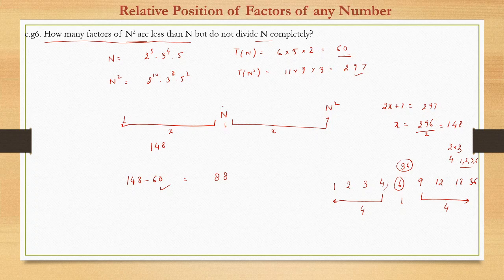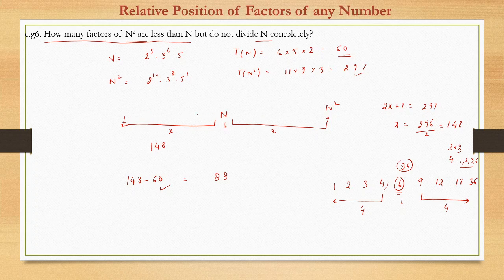Those which divide n completely would be the factors of n, and any factor of n is certainly going to be a factor of n square.